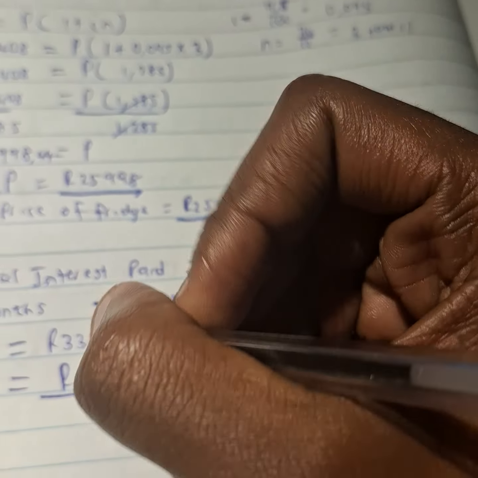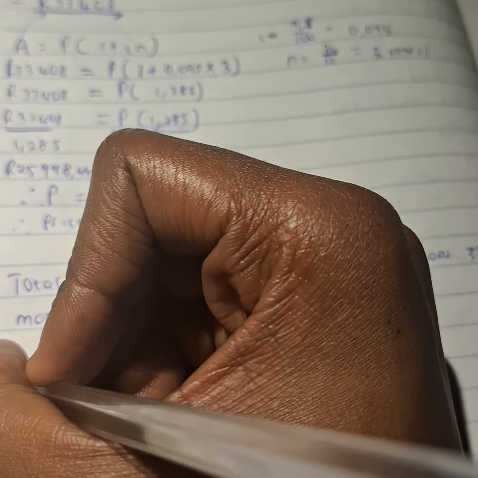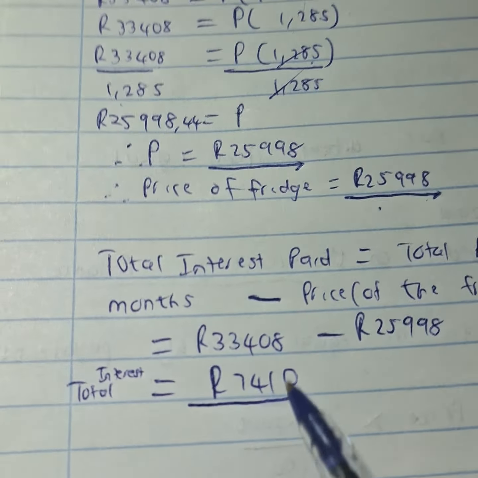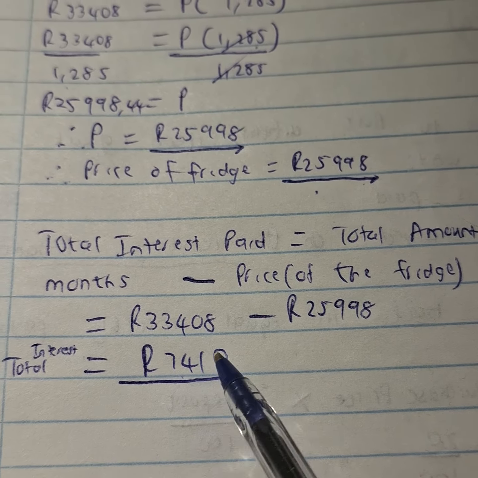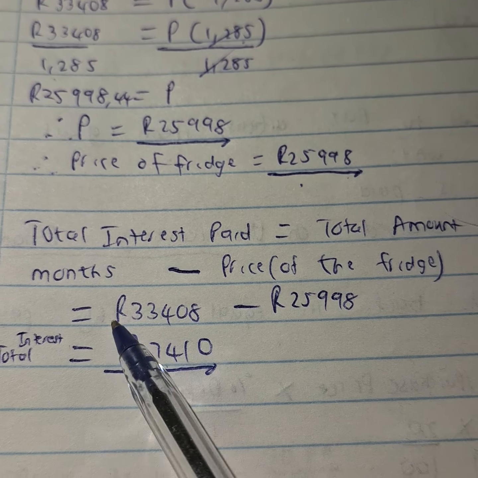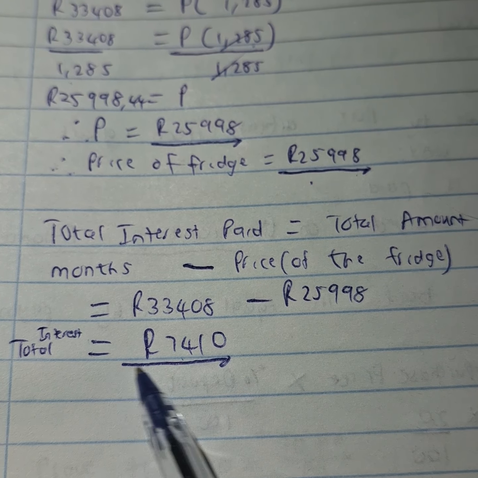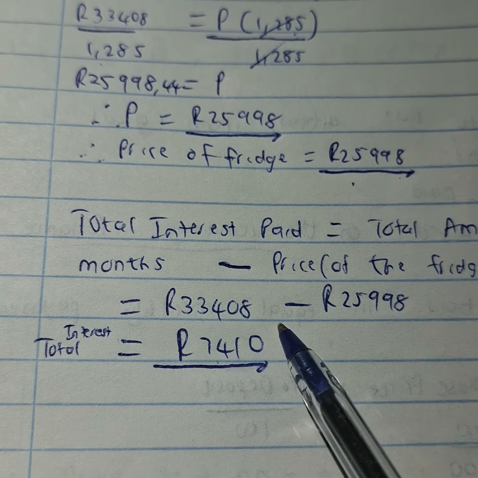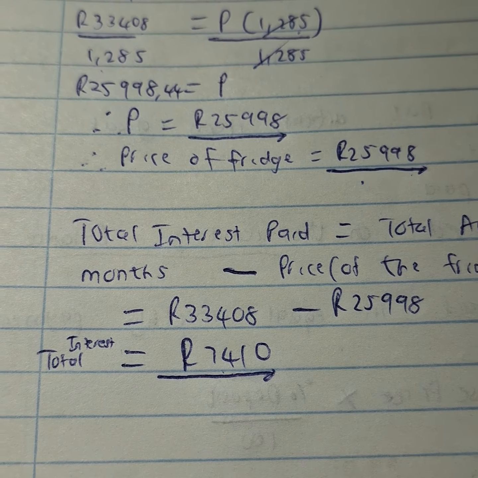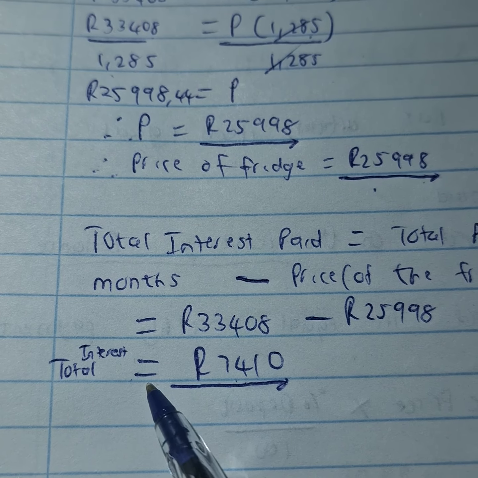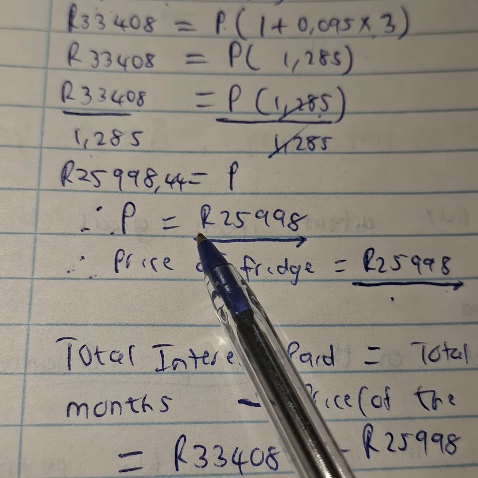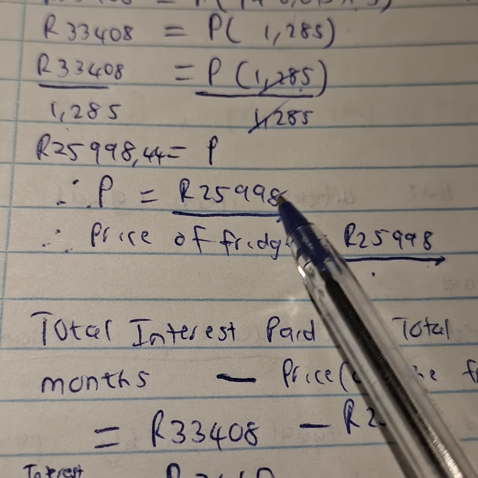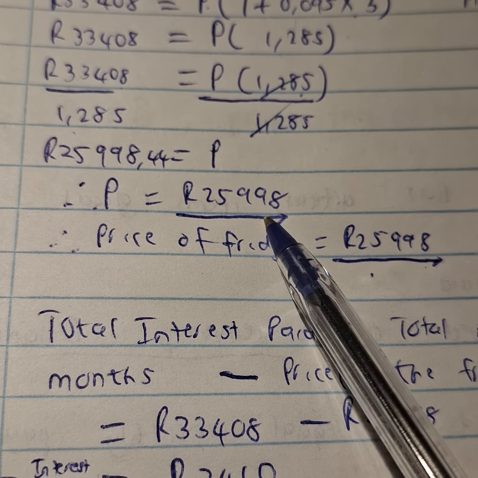7,410. Now imagine, guys, this is the total interest paid. The people that are selling this fridge, because of that hire purchase agreement that they created for this individual who wanted to get this fridge, are going to get this amount of money as interest. This guy could have walked into the store, had he had 25,998 in hand, and just bought this fridge at this amount of money.